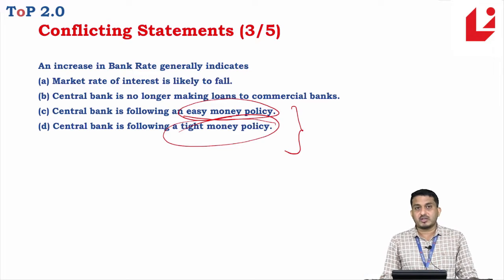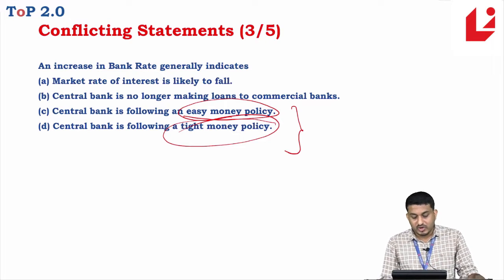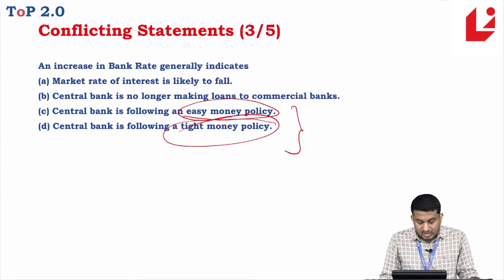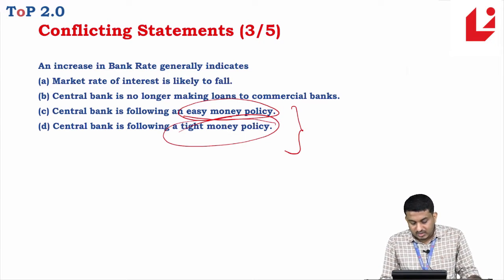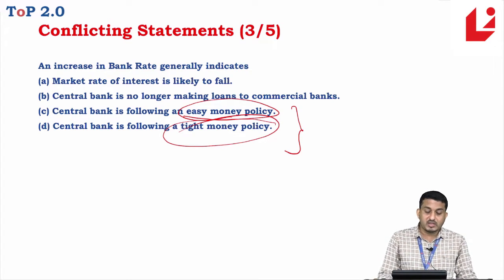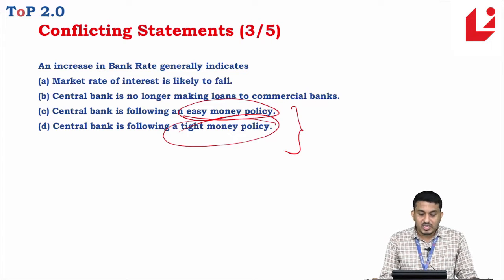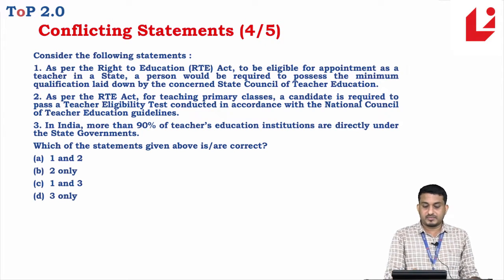Even if you don't know the answer, I would recommend you to attempt this particular question. Now use common sense. Bank rate increases, interest rate increases for deposits and loans. So if interest rate increases for deposits and loans, is the access to loans for corporates easy or tight? It is tight. So what is the answer? Answer is D. Central bank is following a tight money policy.